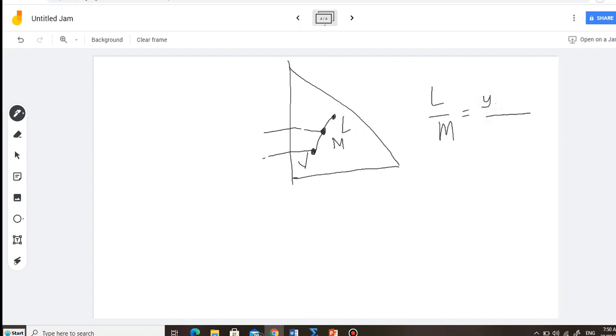Sorry, it's not Y because it's M, so it should be X because we represent the composition of the M using X. I'm referring to this because it's L, so it should be this one that I'm going to get.